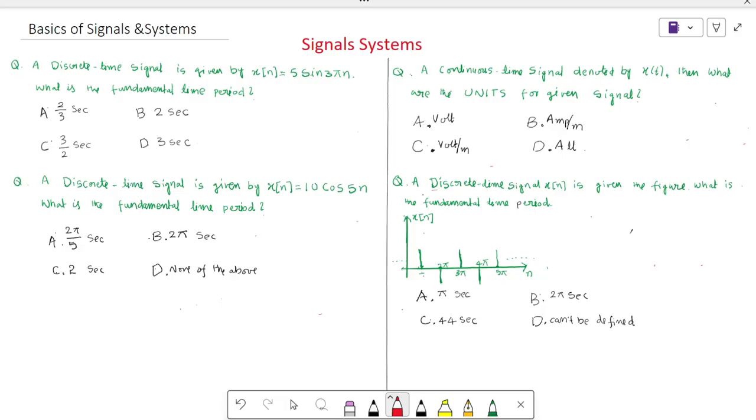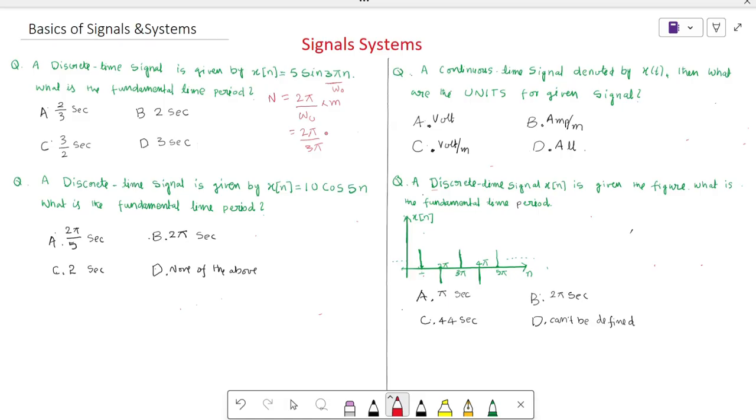For discrete time, the fundamental time period formula is capital N equal to 2 pi by omega naught into m. Here you should remember this omega naught is not the fundamental frequency. From the given question, omega naught equal to 3 pi.